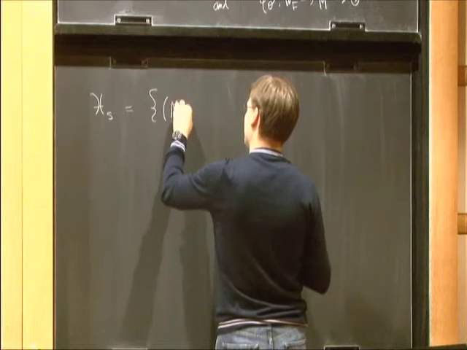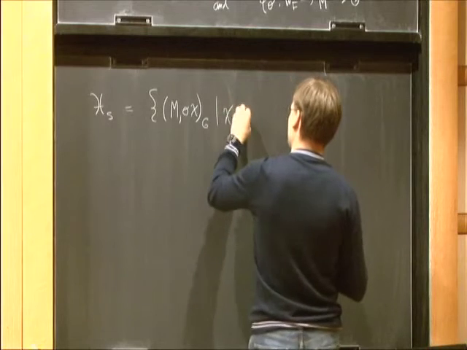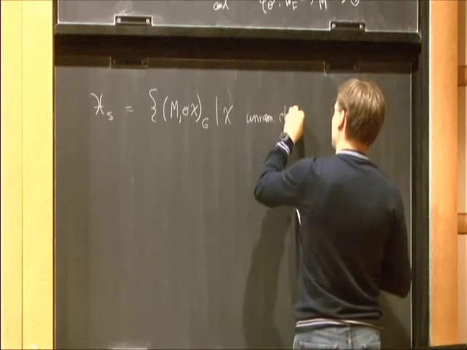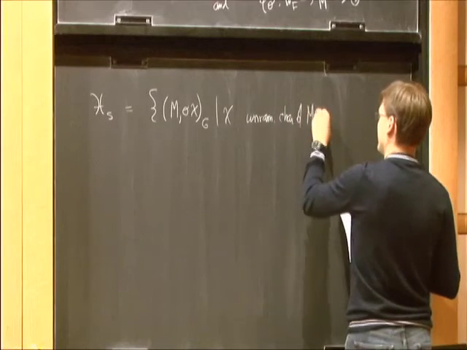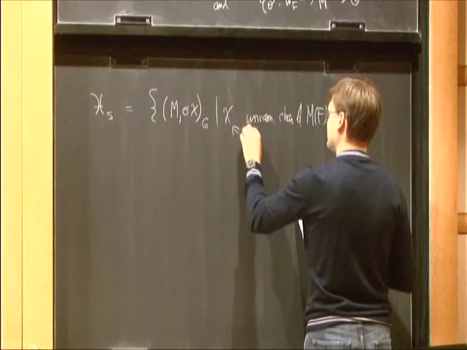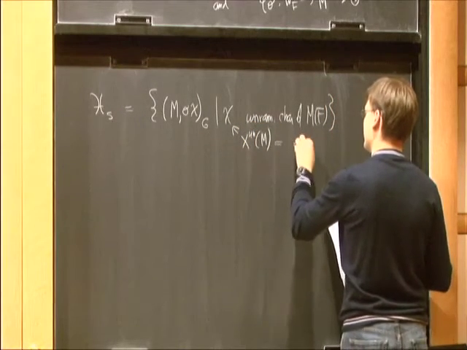So it's pairs of this form, with an unramified character of M of F. So in other words, it's in something you could call this, which is equal to some complex torus.